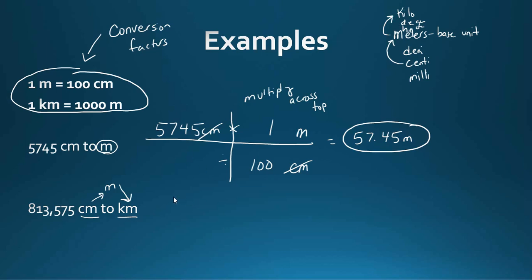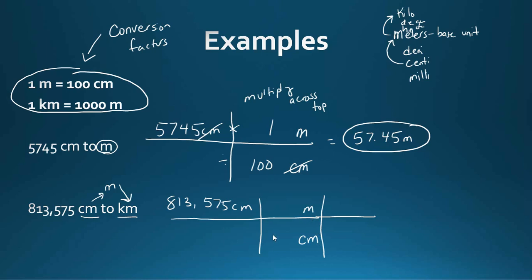Okay? So let's set this up the same way. 813,575 centimeters. Again, this is a two-step conversion, so our goalpost is going to be a little bit larger like this. But we set it up the same way. We want centimeters to cancel first, convert it to meters. So we've got 100 centimeters in 1 meter.